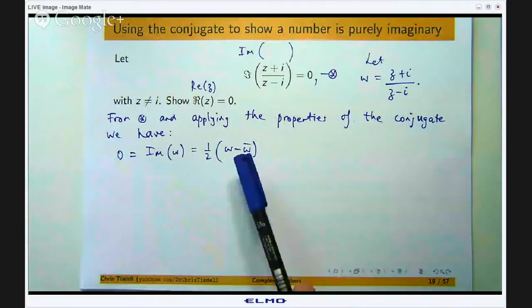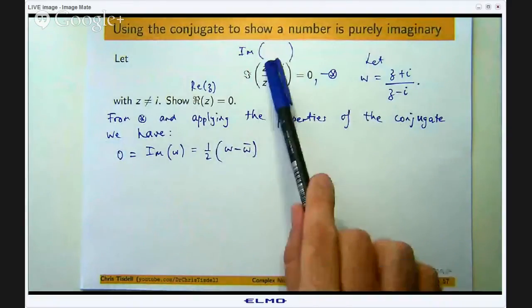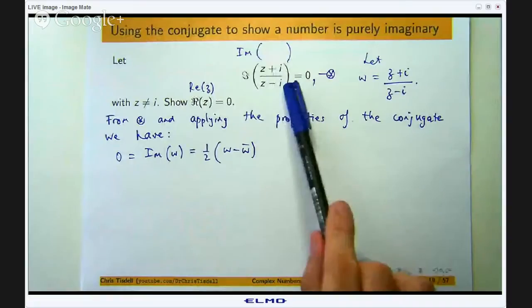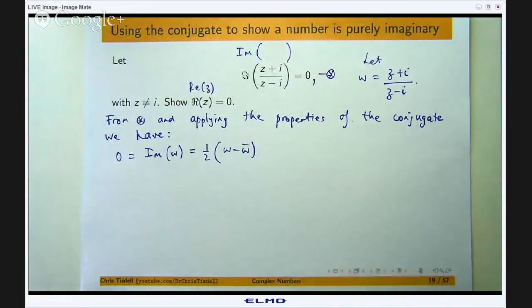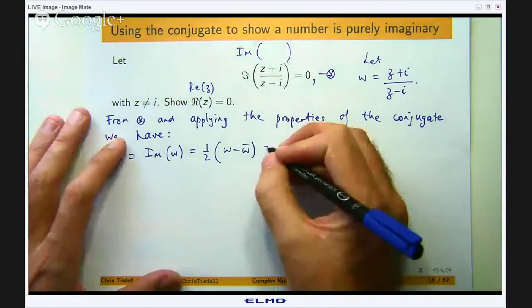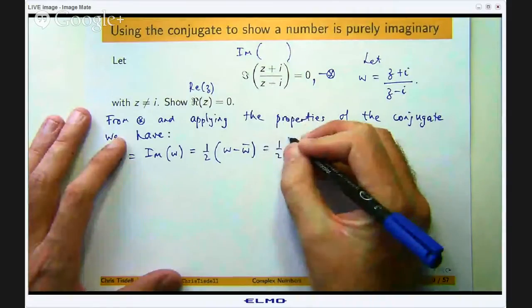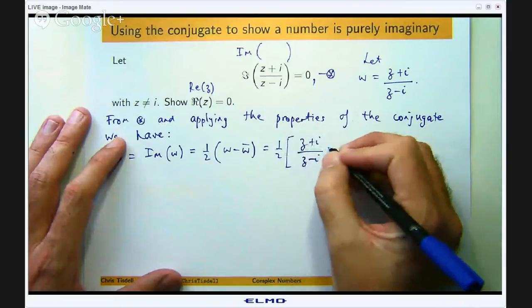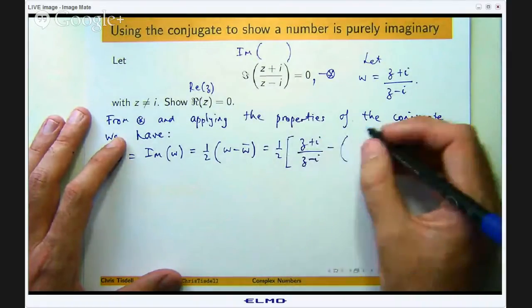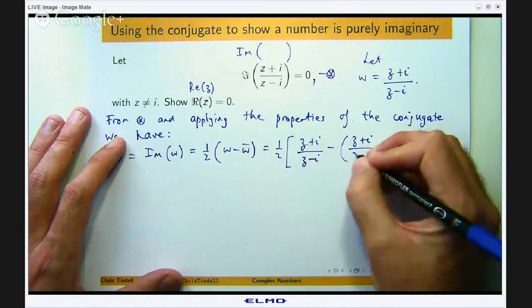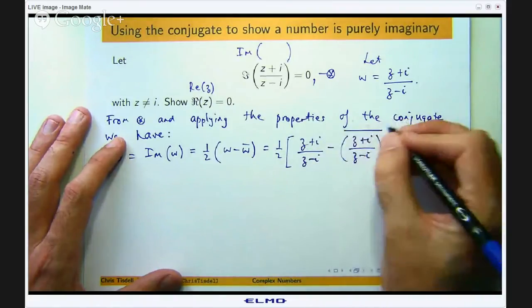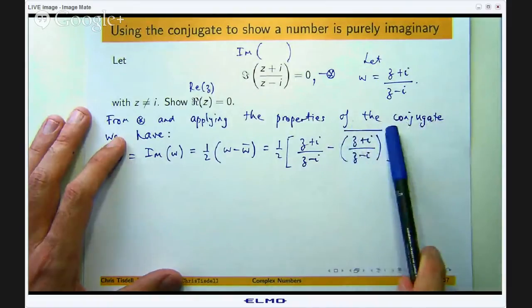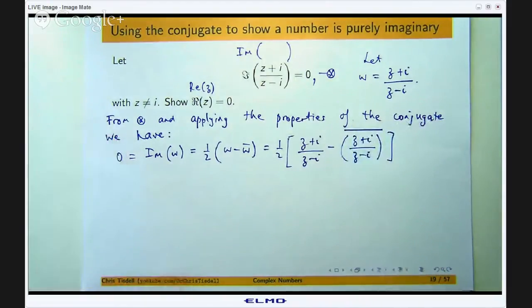Okay, well, let's go back to what w is and replace w with (z + i) over (z - i) and work out what its conjugate is. Now, in each step here, what we're doing is using the properties of the conjugate, so I'm going to be a little bit careful here. I'm taking the whole conjugate of this quotient. Now, I know that the conjugate of a quotient is the quotient of the conjugates.